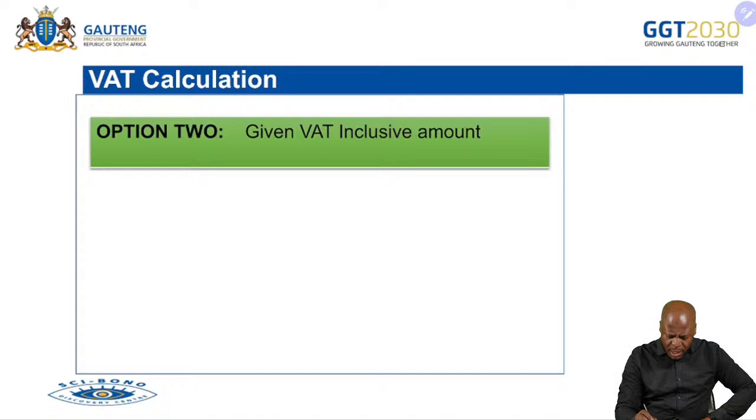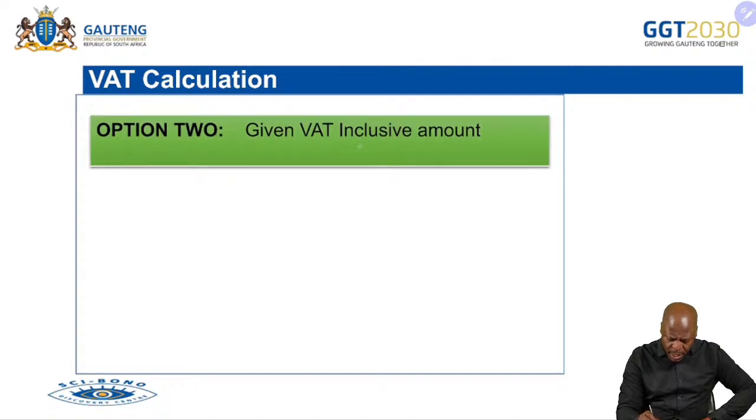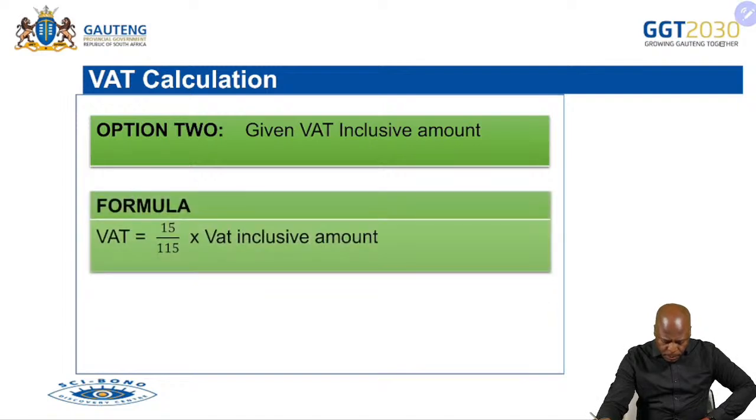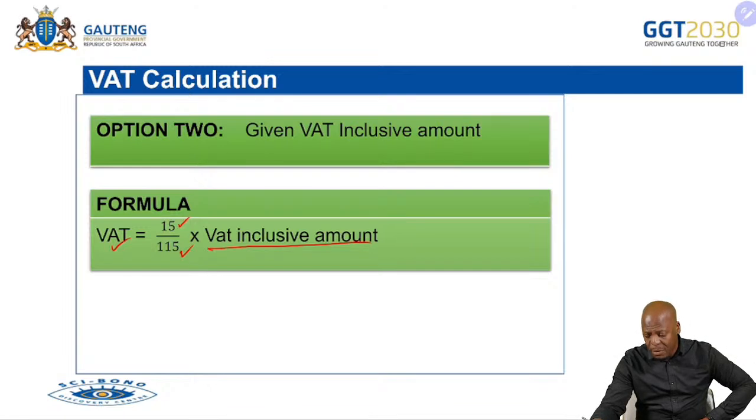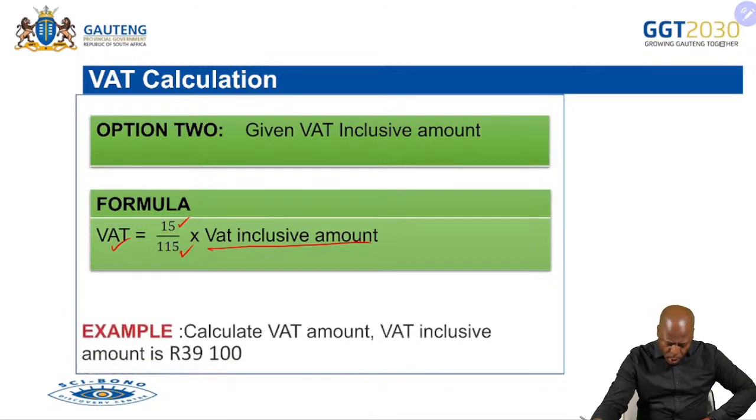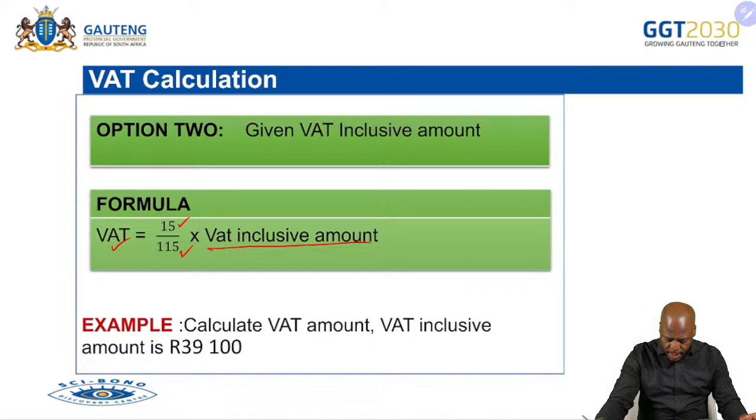So if you are given the inclusive, that means you are given the 115. Here's the formula then. What we want is our VAT, and what we have is 15 over 115 multiplied by the VAT inclusive amount.